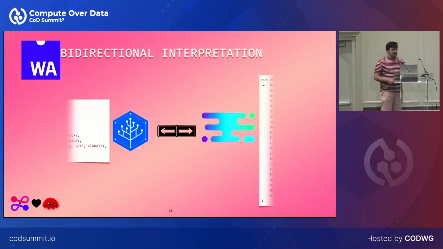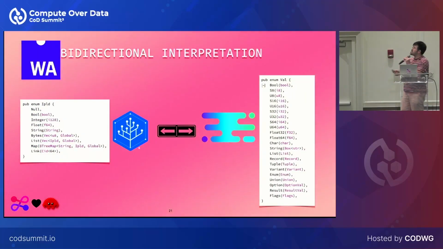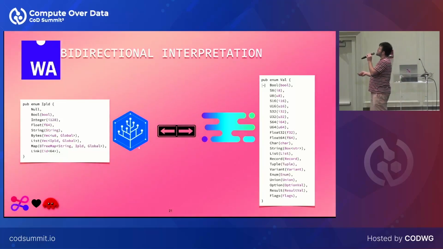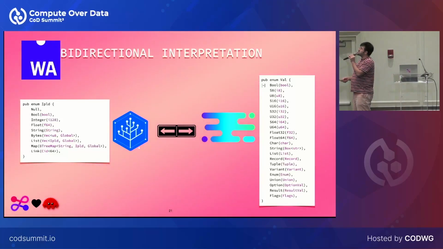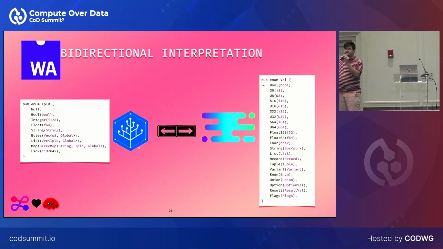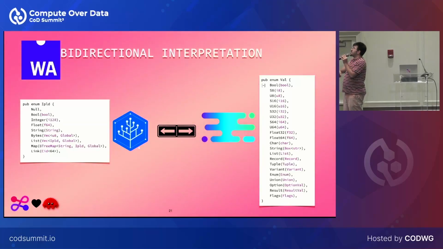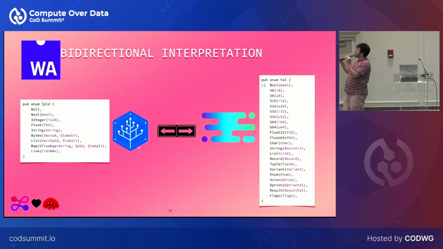And so again, we've written this bidirectional interpreter. That's about 80% done, which takes you from IPLD to WIT. The cool thing that happens here is because it's bidirectional, you now get a lot more types in working with WebAssembly that you didn't have in IPLD. The only difference, you see here, there's no recursion, right?